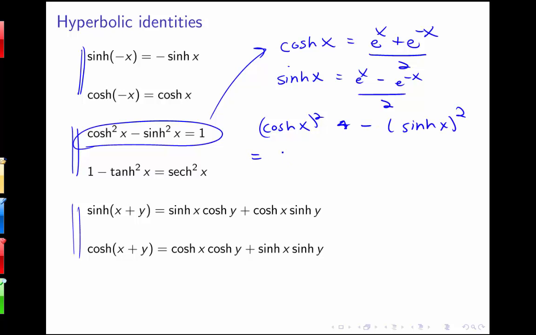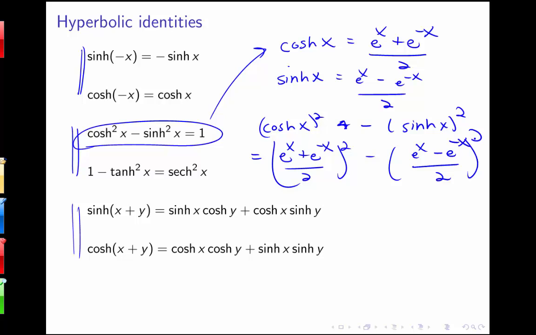So I would be looking at e to the x plus e to the negative x over 2 squared, minus e to the x minus e to the negative x over 2 squared. So by being careful with my exponent rules here, I'm going to have an e to the 2x, and then I'm going to get a plus 2 e to the negative x, e to the x, plus e to the negative 2x.